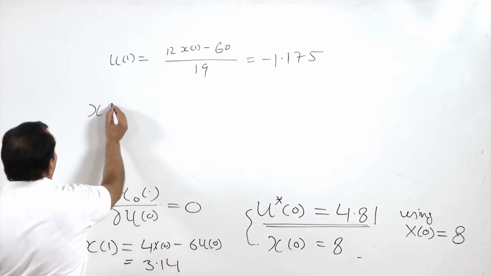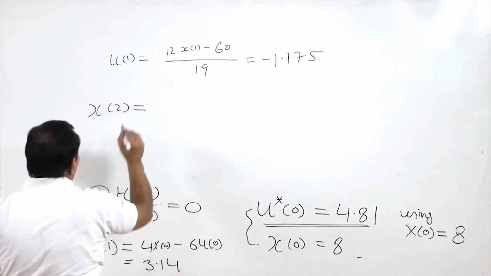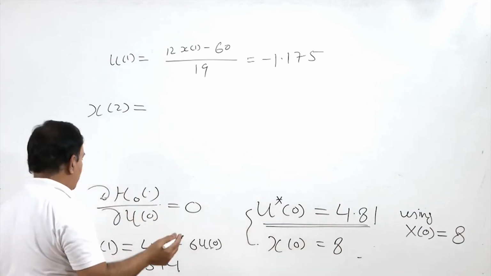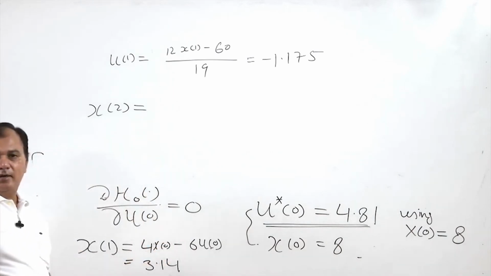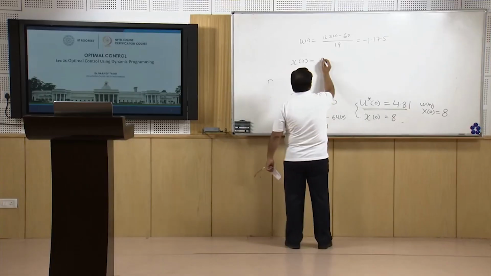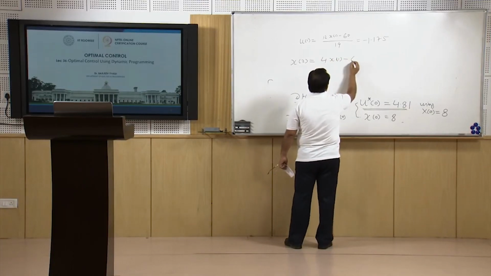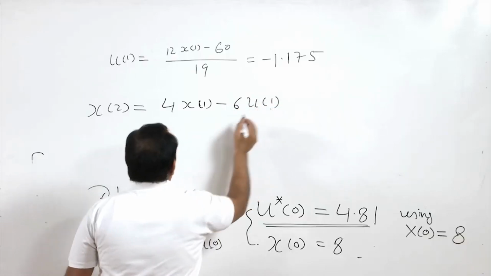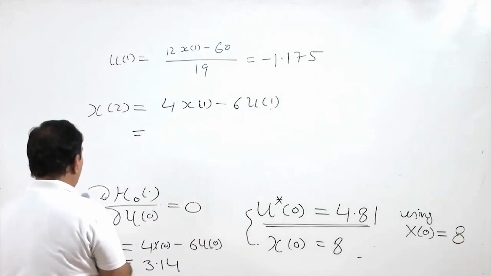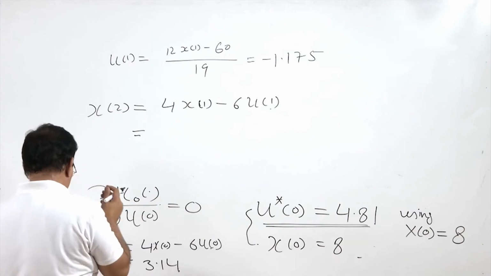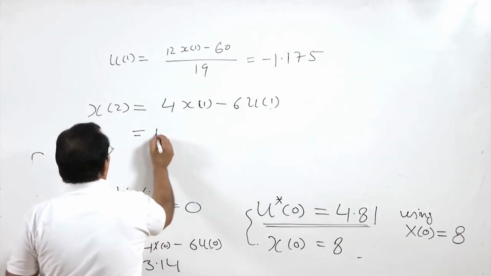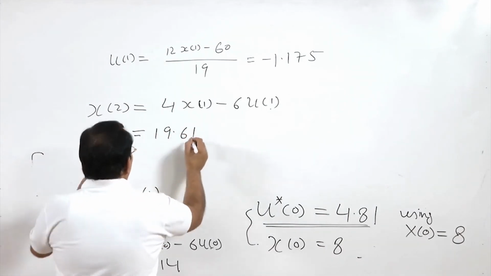So, now I know x1 and u1. Easily I can find out my x2, which will be nothing but 4 of x1 minus 6 of u1, and if these values are known, then my x2 will be 19.61.